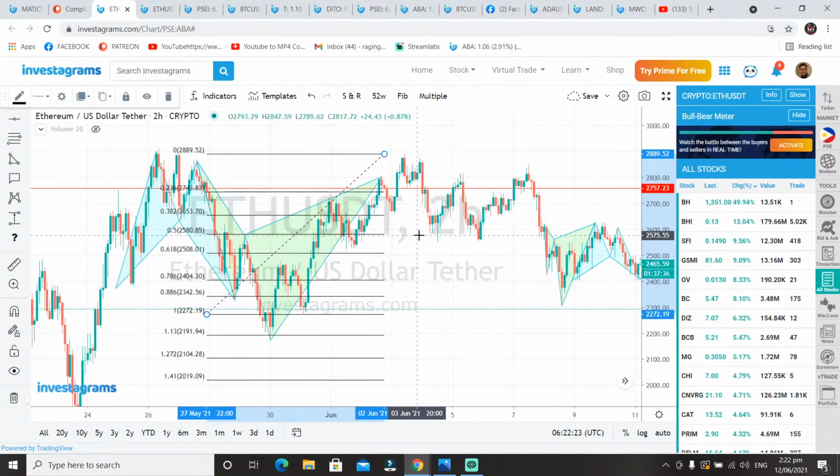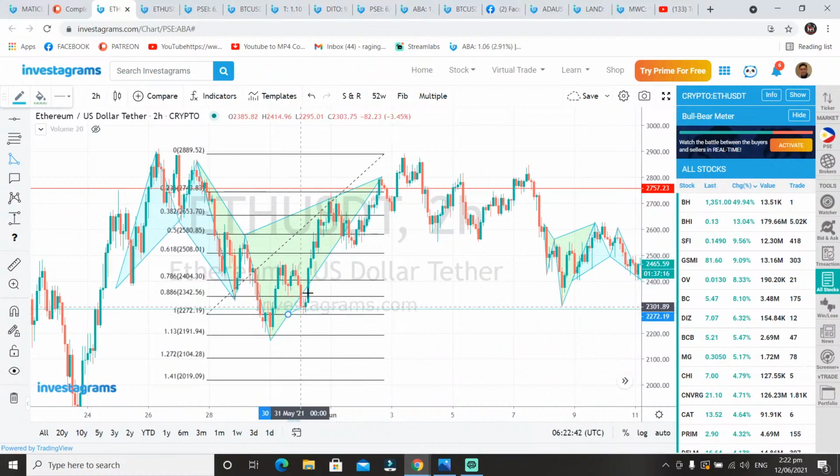It is already valid at this point, so we can make another triangle. I'll just stick it here at this point, just for plotting purposes. From here to here, I don't really have to stick it to the point, or to the top wick or the body of the candle.